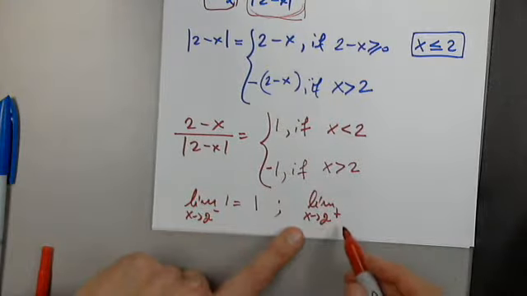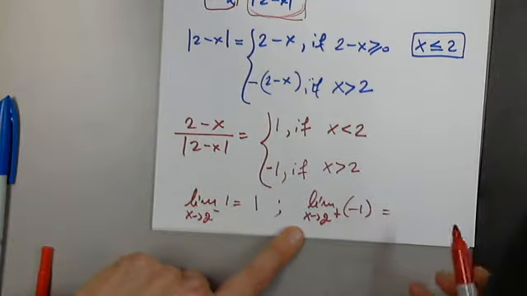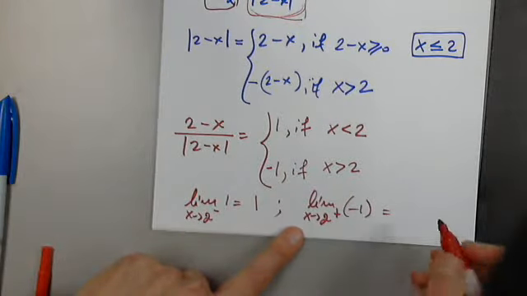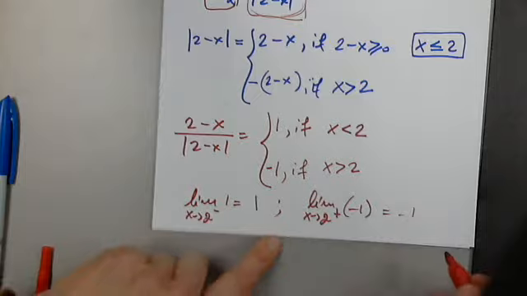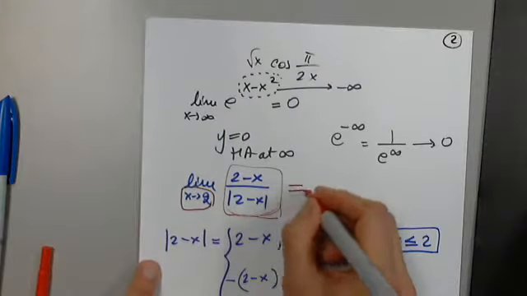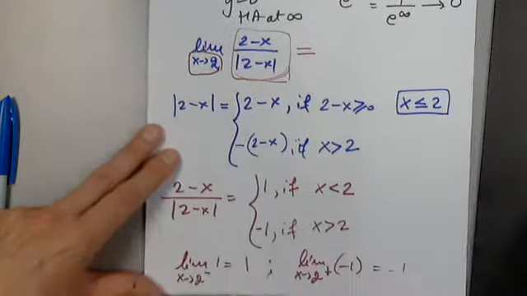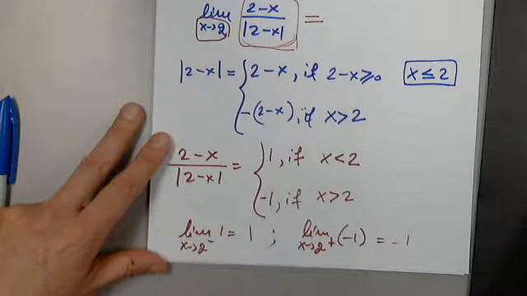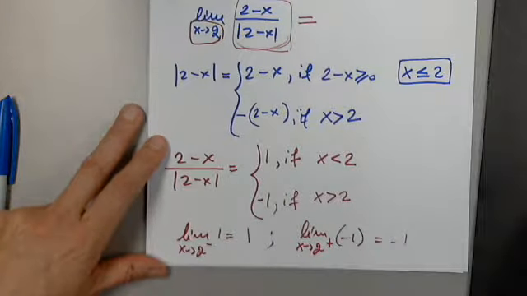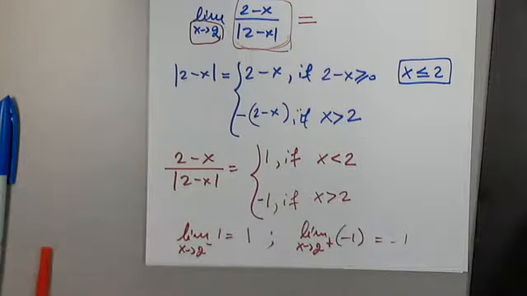So the limit as x approaches 2 from the right, from which function? Good. And the answer is? Good. So finally the answer here is? From the left is one thing, from the right is one thing.